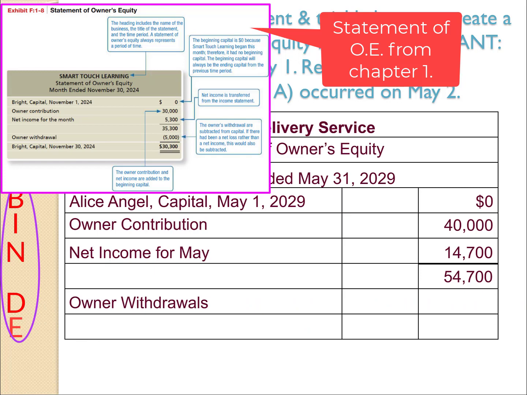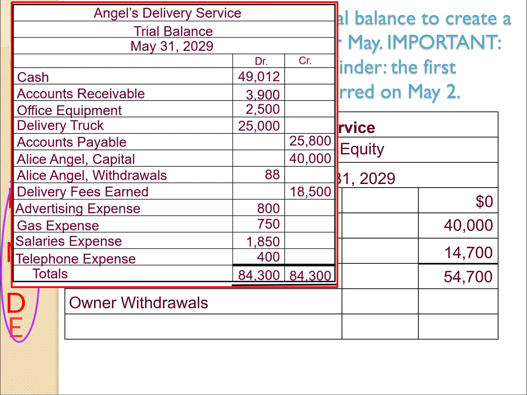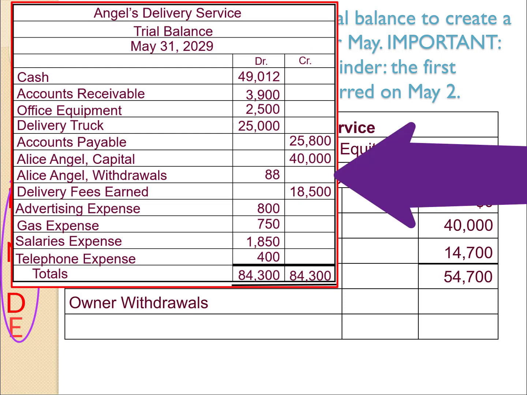And where would we get the owner withdrawals from? We look at the trial balance, and we see that the withdrawals was $88. Now, do we add or subtract these withdrawals? We subtract these withdrawals. So we have to put parentheses.